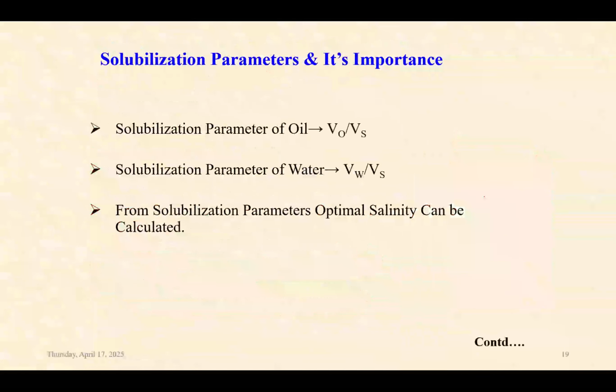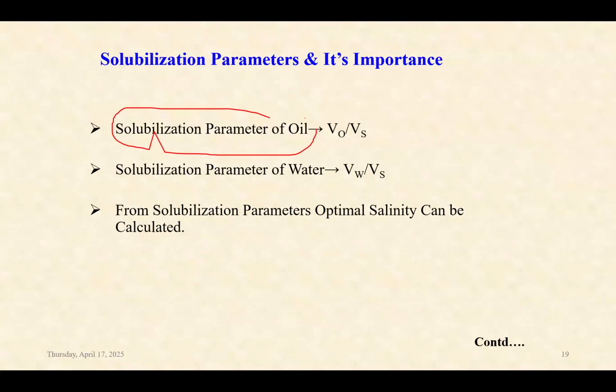Now in the microemulsion, what is there? In the microemulsion, water is there, oil is there, and surfactant is there. So based on that, there is one parameter called the solubilization parameter of the oil. It means how much volume of oil is there in the microemulsion and how much volume of surfactant is there.